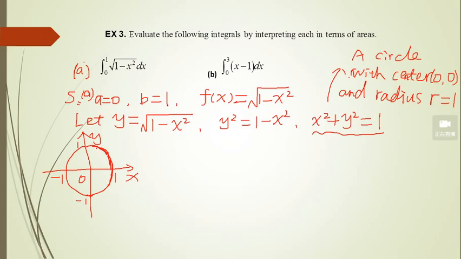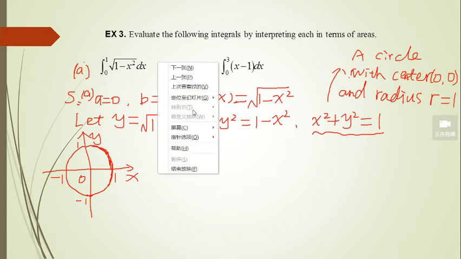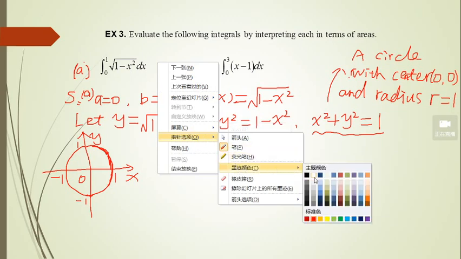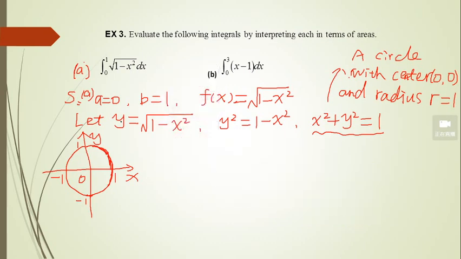Now, what is the y we choose? Let me use a different color, okay? So here, of course, if you use the vertical line test, this is not a function, right? But we can choose two parts. Here, we take the positive part of y. Above the x-axis is the positive value for y, below the x-axis is the negative value for y.